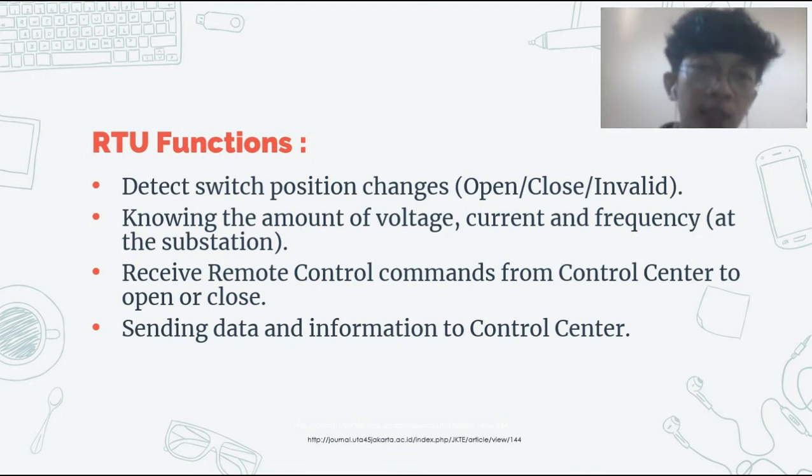In principle, the RTU has the following main functions. First, detect switch position change, open or close or invalid. Second, know the amount of voltage, current, and frequency at the substation. Third, receive remote control commands from the control center to open or close. And last, send data and information to the control center.